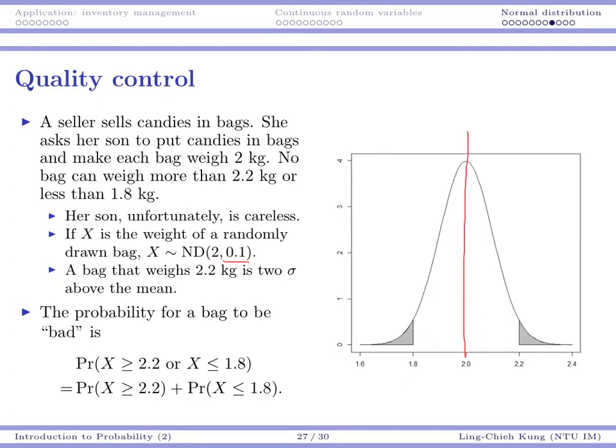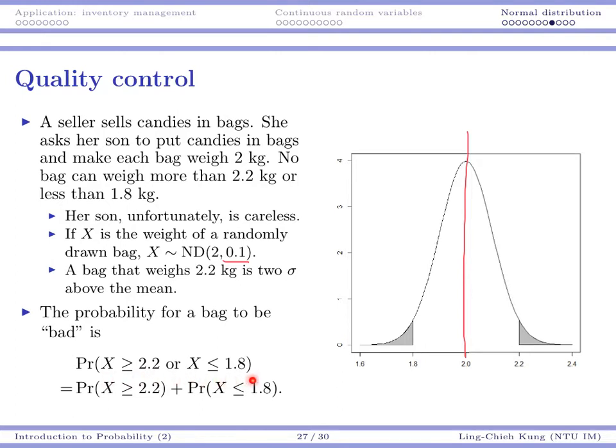Then I am asking, what's the probability for me to violate my mom's rule? What's the probability that when she randomly takes a bag, she will find the bag is very bad? She will find the weight is above 2.2 or below 1.8. I want to know that probability.